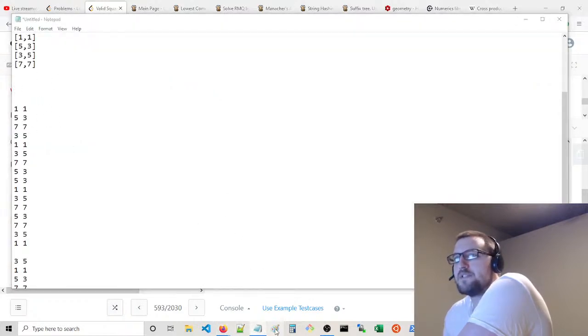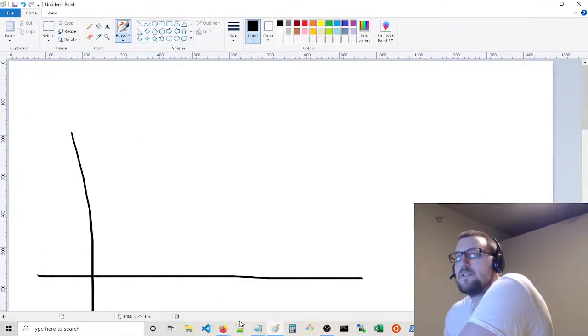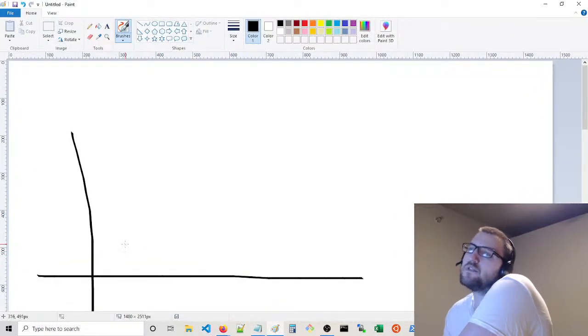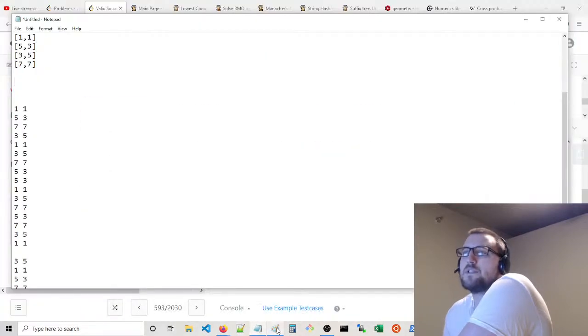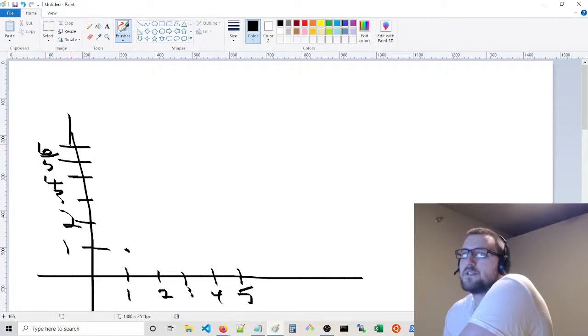And these points, if you put them on a grid, you would have 1 1, 5 3. So this is 1 2 3 4 5, 1 2 3 4 5 6 7.